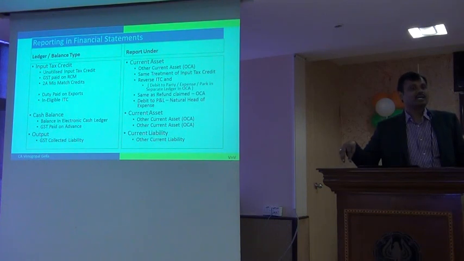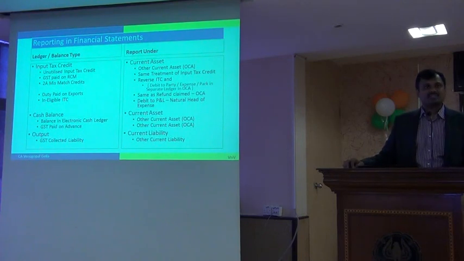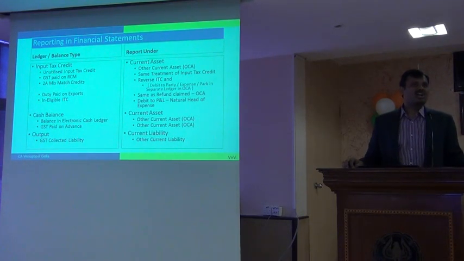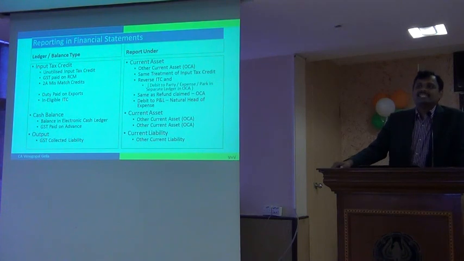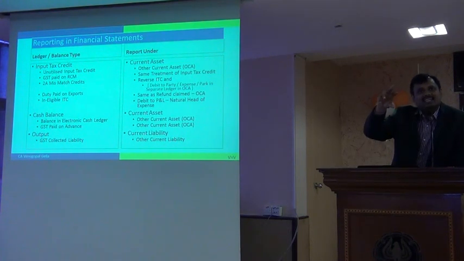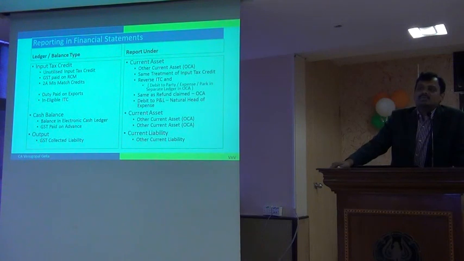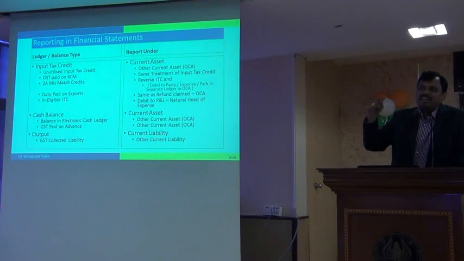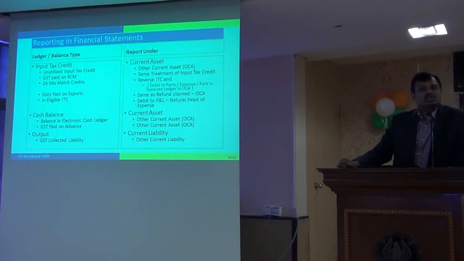That is point number one. Point number two: when I say it is netted off at a 3B level, I have multiple states, and in one state I have an excess credit which is still not offset. In another state, as of 31st March, I have a liability. I cannot merge all those liabilities and assets, because that credit is technically not allowable as an adjustment against the liability of another state. So the netting off has to be done only where you can offset in a 3B; only those credits and liabilities can be netted off and presented.